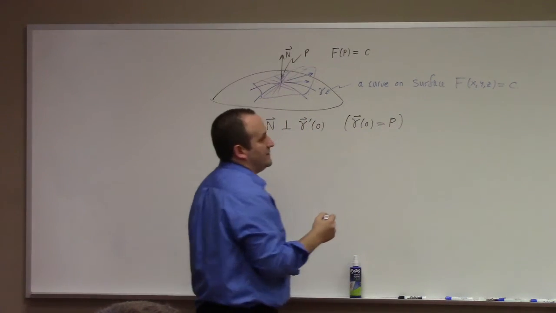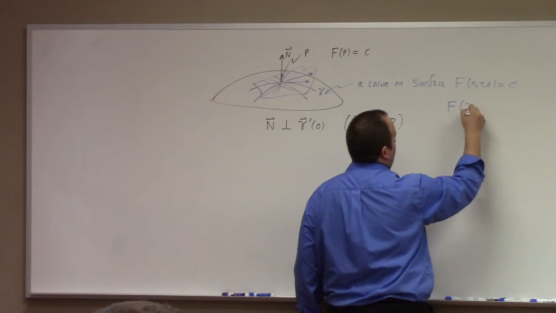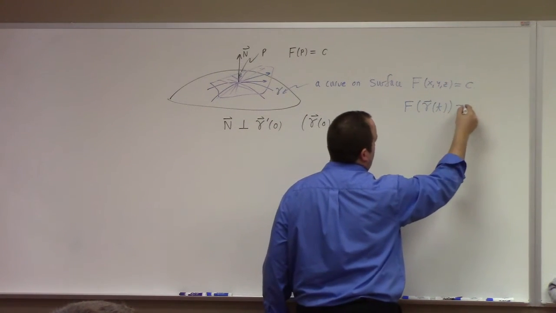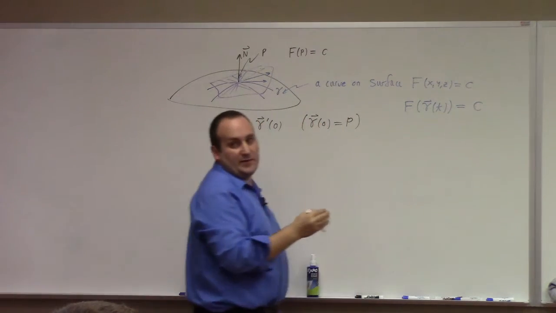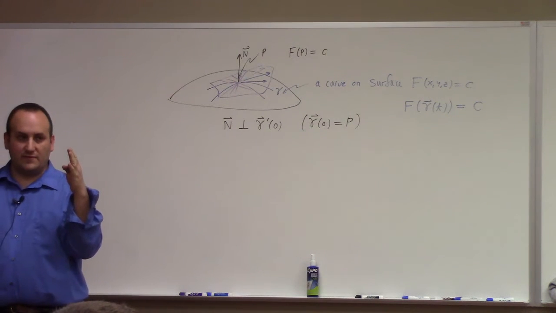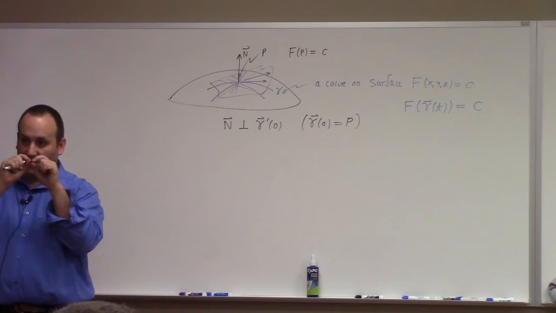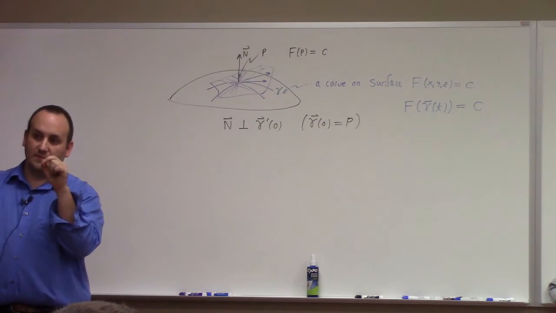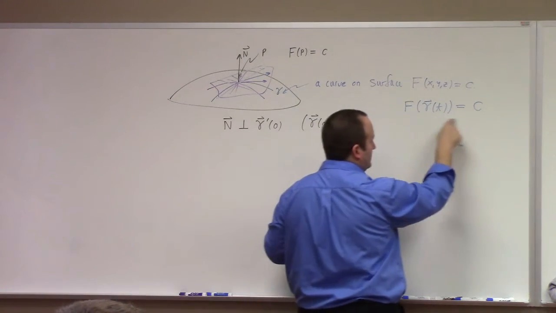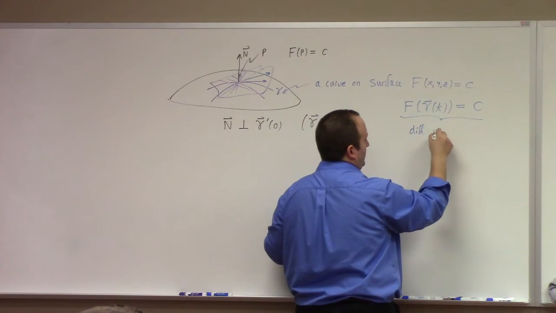It means that if you look at f of gamma of t, and I probably should put a vector on it because it's a space curve, when I plug the curve into the defining equation, the level equation for the surface, it should satisfy the equation of the level surface at each point along the path. You with me? So I can differentiate this with respect to time.